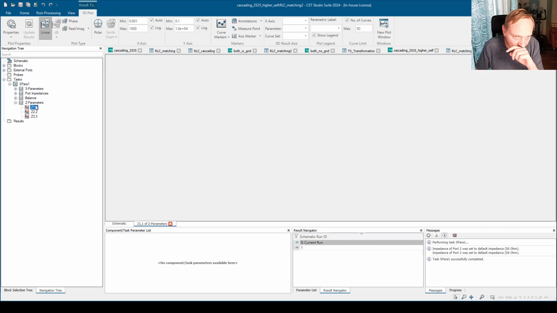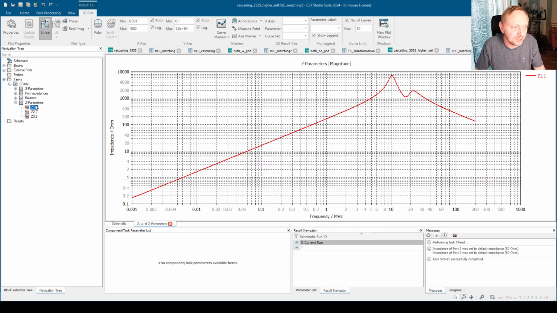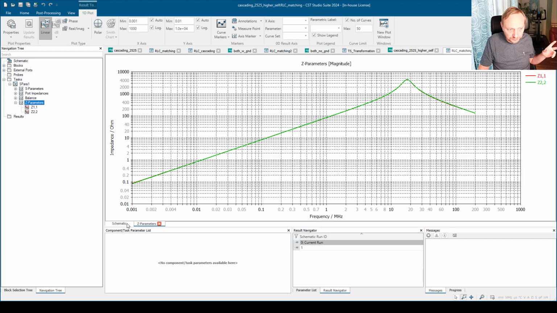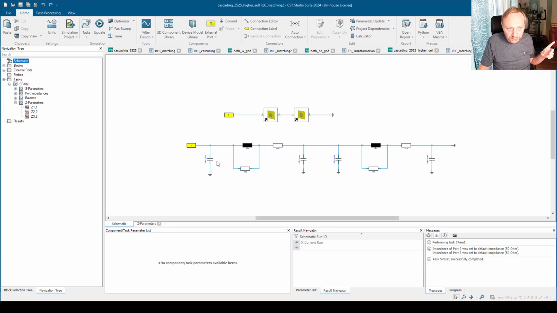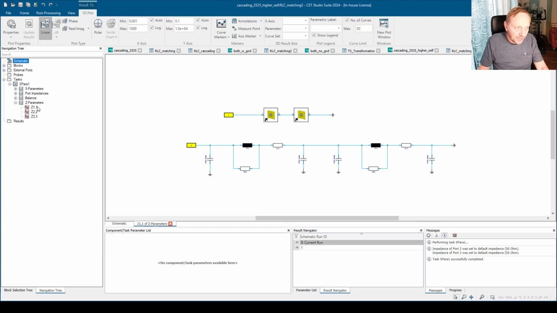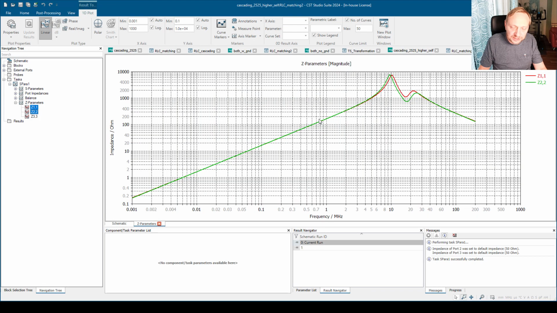Z11 is the impedance of the cascaded model, and Z22 is now the model with the shunt capacitances, again taking basically the value we have seen here, 6.2, and putting 6.2 into the shunt capacitances, and you can see that the agreement becomes worse, right? Previously these two curves with these two peaks were lying perfectly on each other.